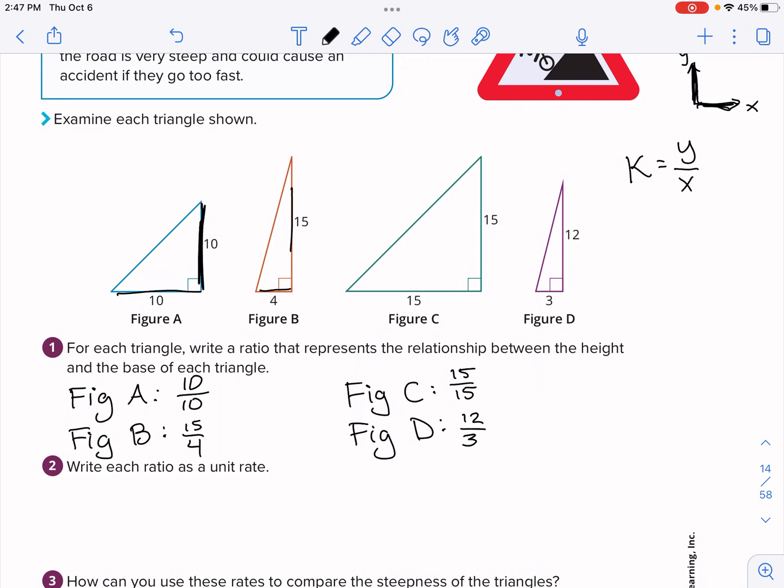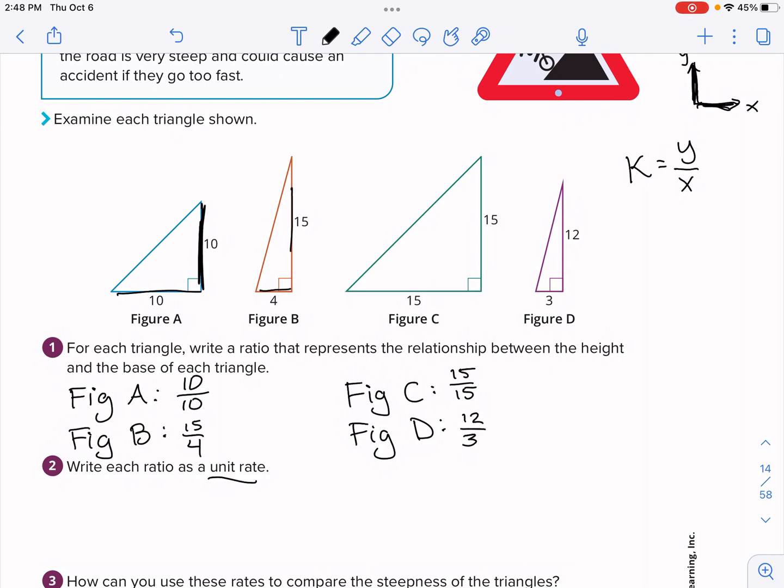Now, we're setting up these ratios so that we can compare which one is the steepest or which one is the least steep, or put them in order from least to greatest. And visually you can kind of tell, maybe it's between one of these two triangles here. But how we can definitively determine this is we're going to write it as a unit rate. What that means is either the numerator or denominator is 1.